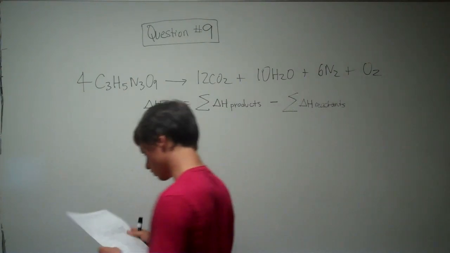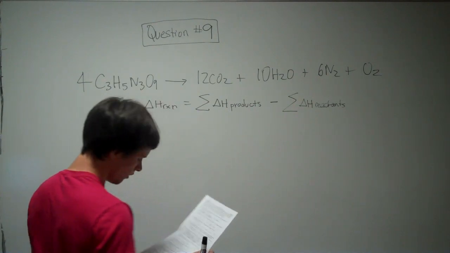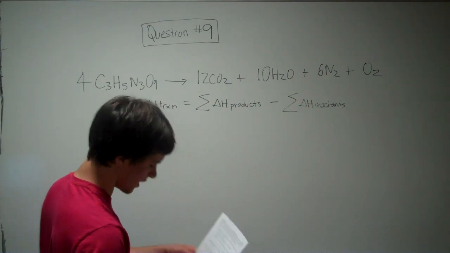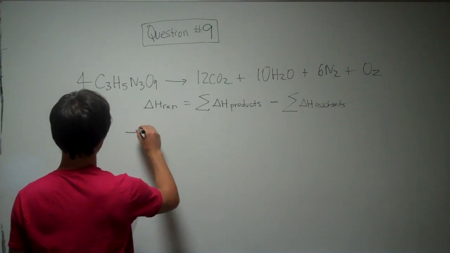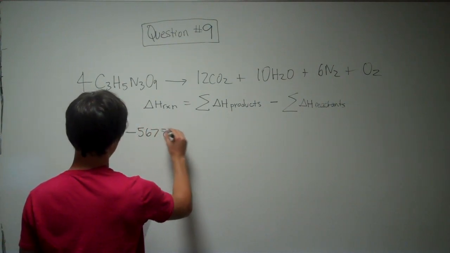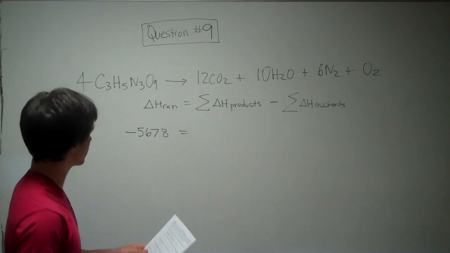Simple enough, right? So they told you that for the whole reaction, it's negative 5,678 equals the sum of the products.